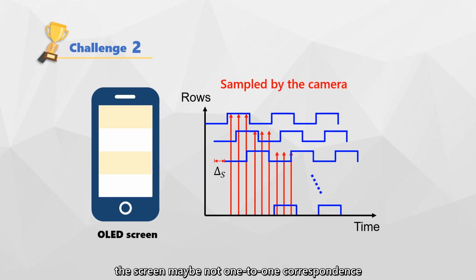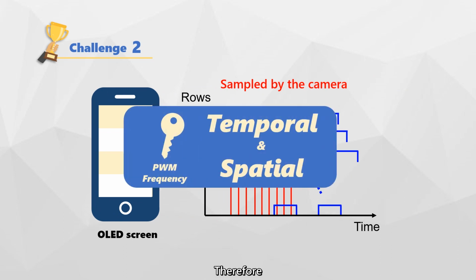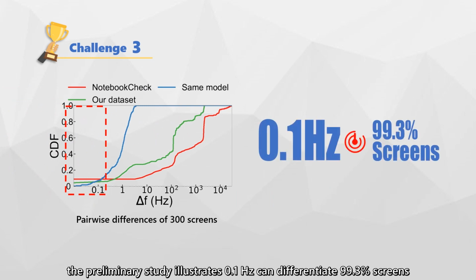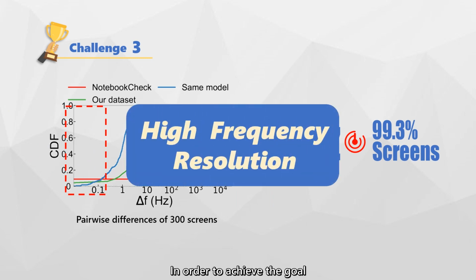The sampling process of each row also happens at different times. Therefore, we must model the communication in both temporal and spatial domains. Third, the preliminary study illustrates 0.1 Hz can differentiate 99.3% of screens. In order to achieve the goal, high frequency resolution is necessary.